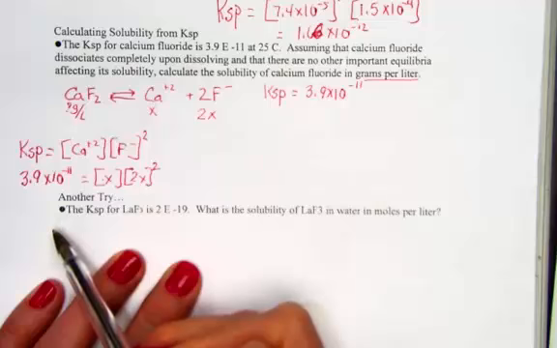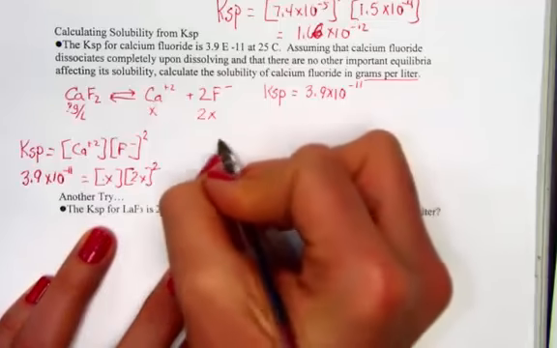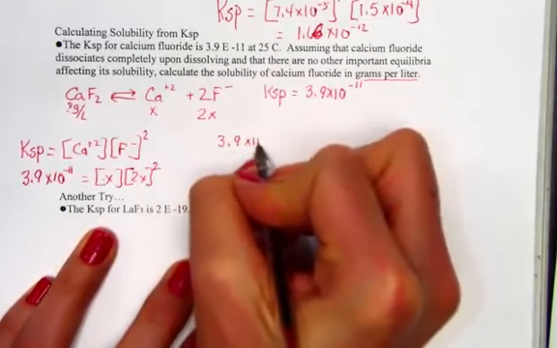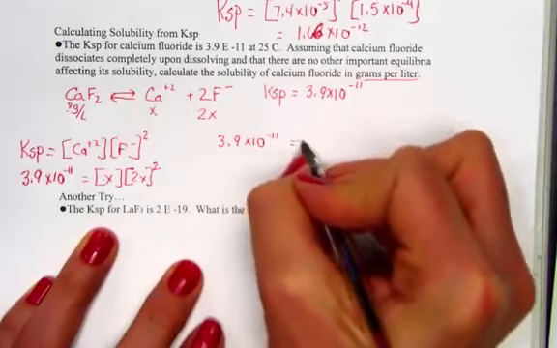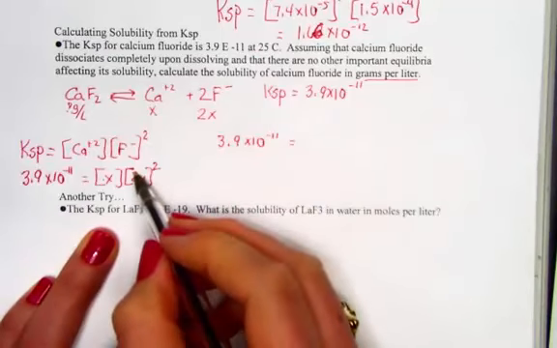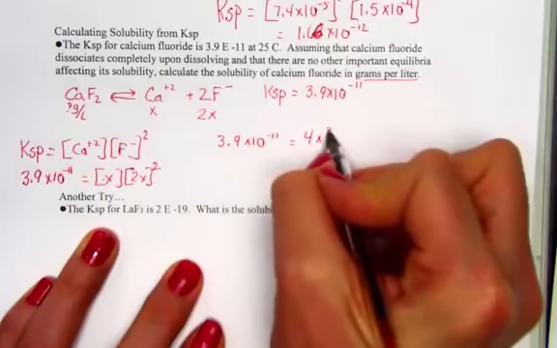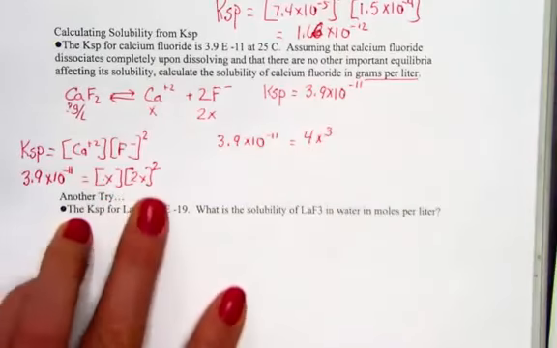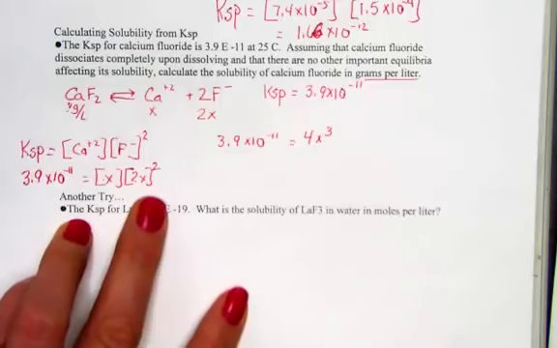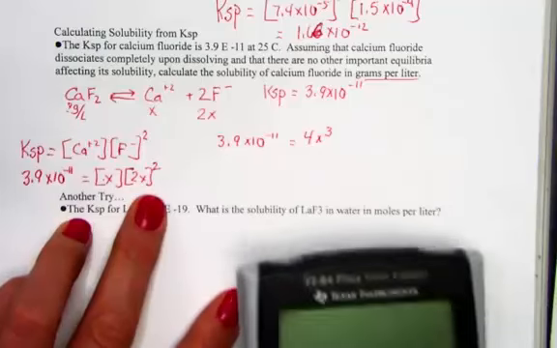Let me just simplify that. 3.9 times 10 to the negative 11th is going to be equal to 4x cubed by the time I'm done simplifying this algebra on the right-hand side. 4x cubed. Alrighty, so why don't we just pull out x with our calculator.